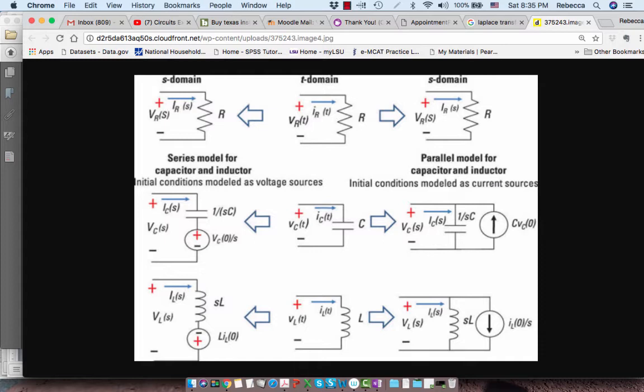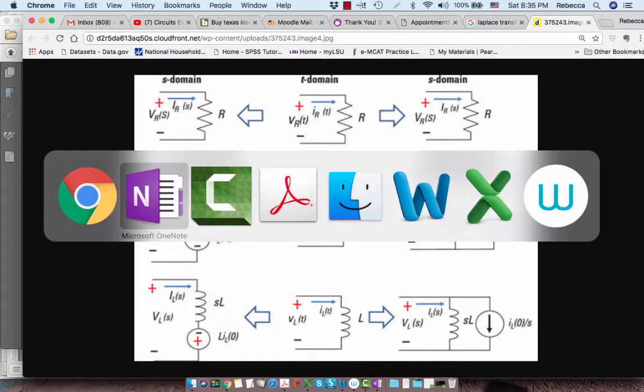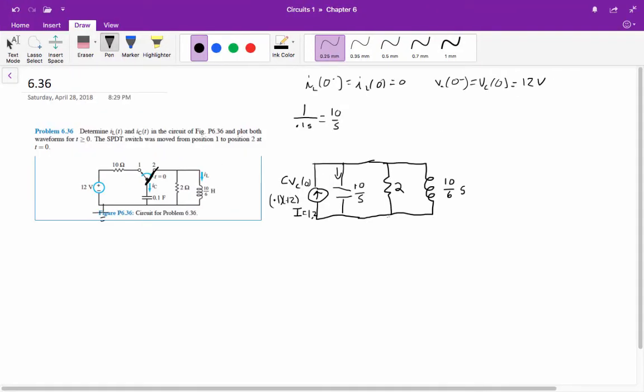If this was the capacitor, I should have drawn it going this way. And so we can see that the current here has to equal IC plus IR plus IL.